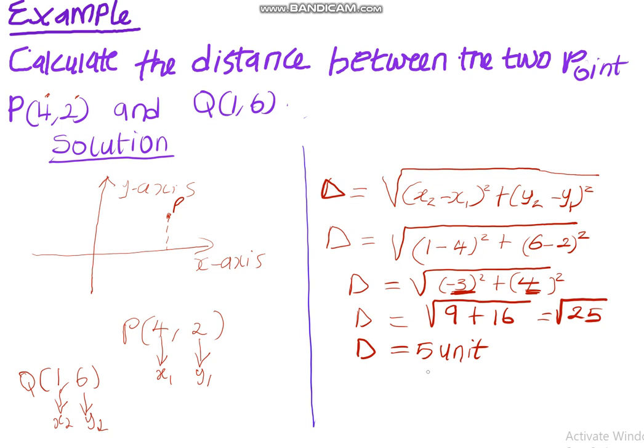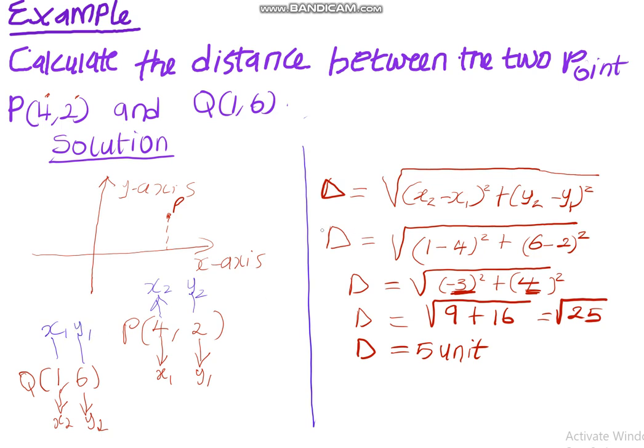Now one thing you should take note of is that alternatively we can use the coordinates of P, the entries of P, the first one to be x2 and the other one to be y2, and alternatively you can use this one to be x1 and y1.